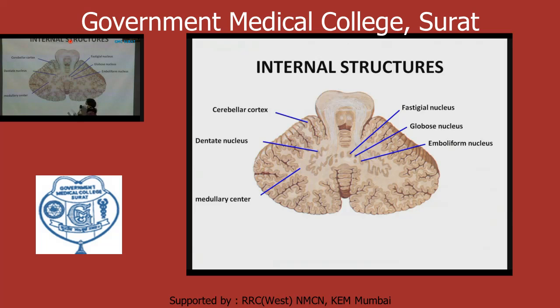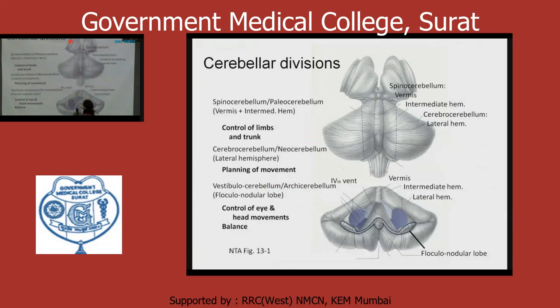From here you can see the hemispheres and the vermis area. Physiologically, the cerebellum is divided into three divisions. One is the spinocerebellum, also known as the paleocerebellum.